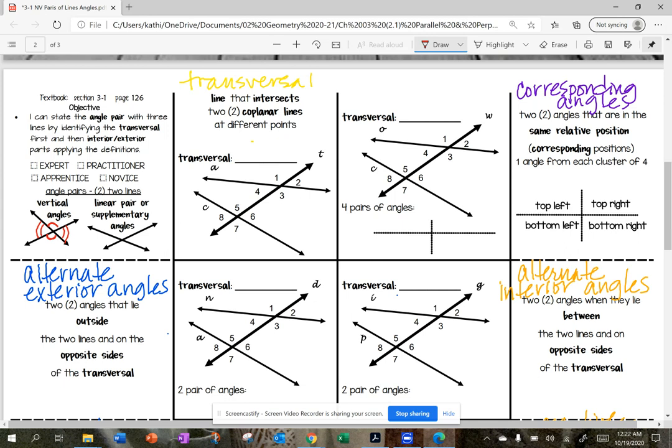I also have supplementary angles: 2 angles that are adjacent will be 180 degrees. So I'm going to use those 2 facts, knowing that when I have 2 lines, I create 4 angles. And if I have 3 lines, I create 8 angles.